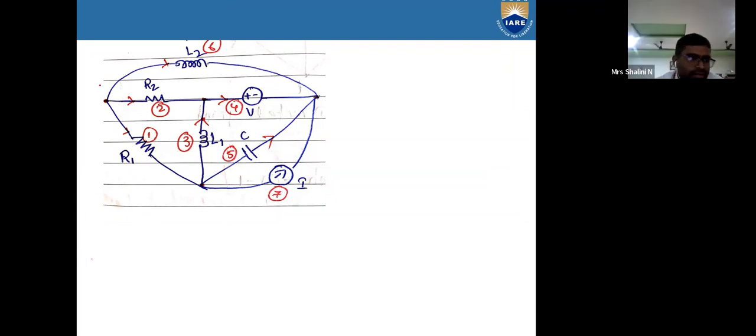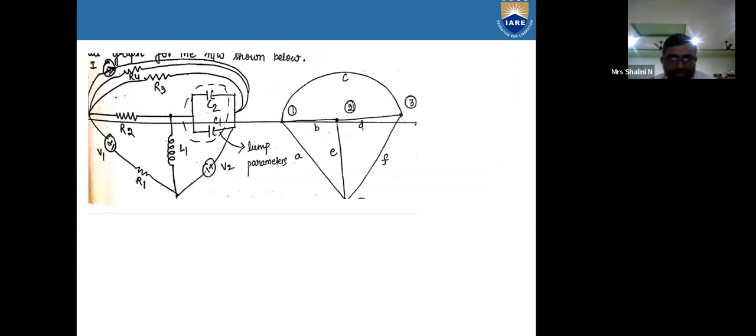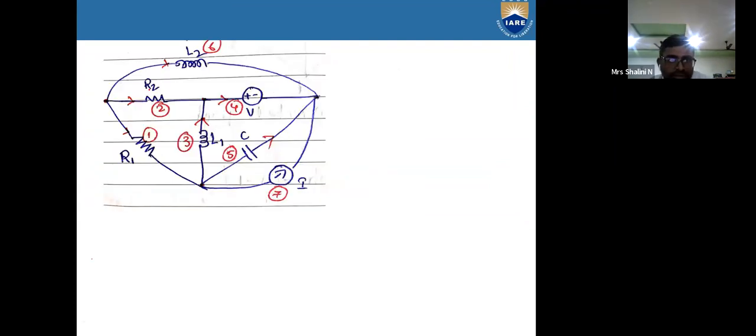In this graph, the nodes I am representing are A, B, C, and D. Okay, these are the nodes.